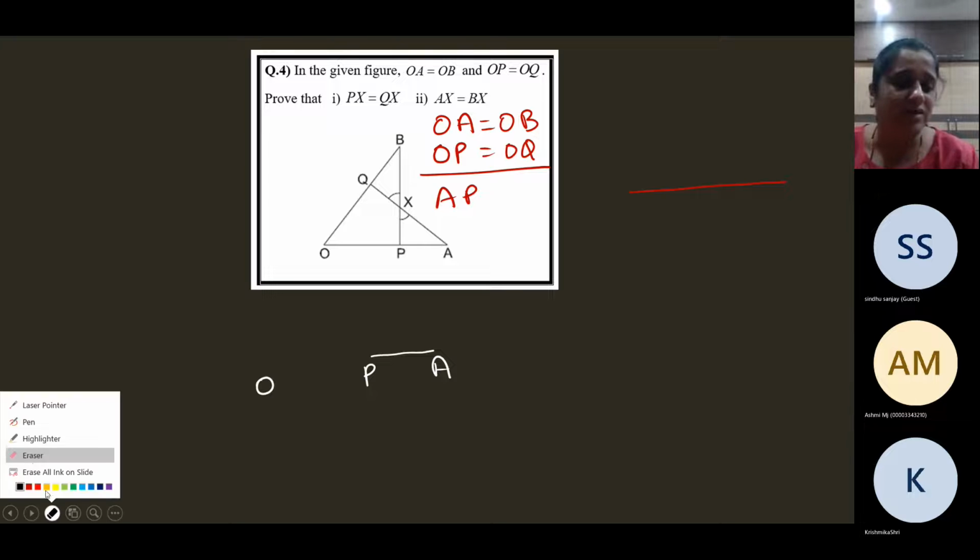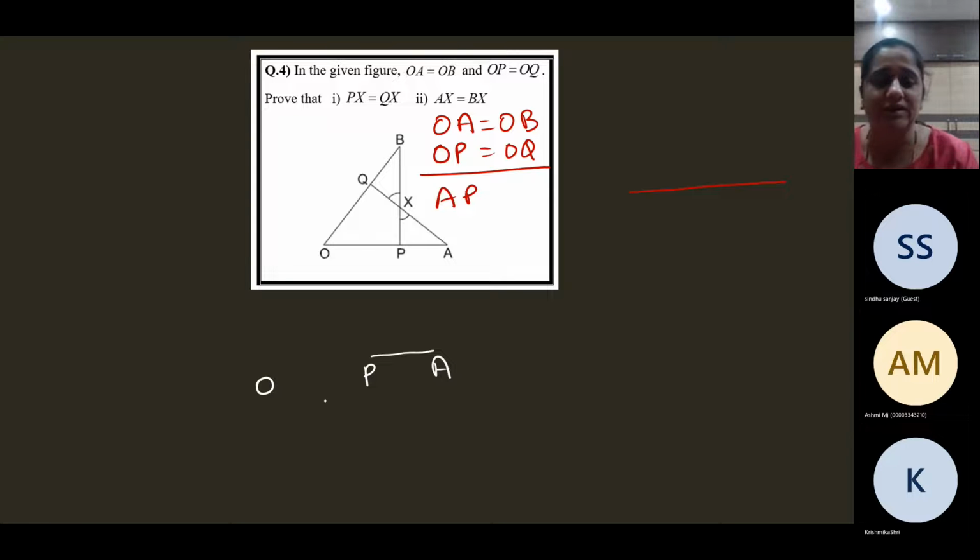Now, in the same way, we have the line segment OB. OB minus OQ. OB is like this, and we have Q on it. Now what is OB minus OQ? From the line segment OB, you are taking away the line segment OQ.